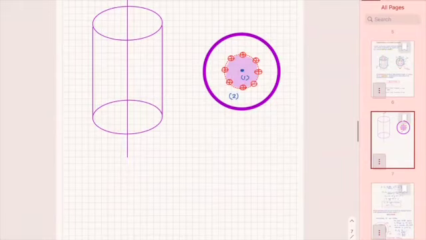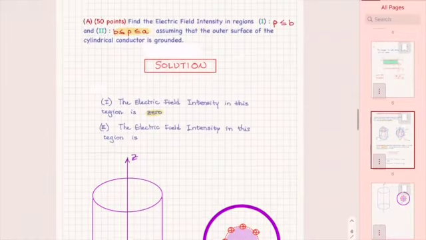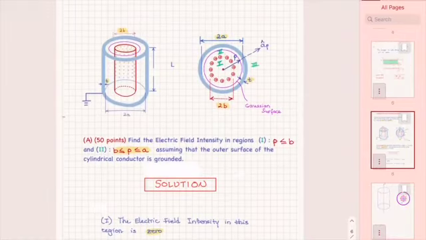How are we going to solve a problem like this? You remember this problem, 3D here, has a perfect cylindrical symmetry.